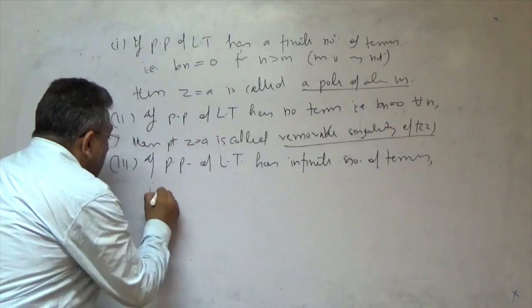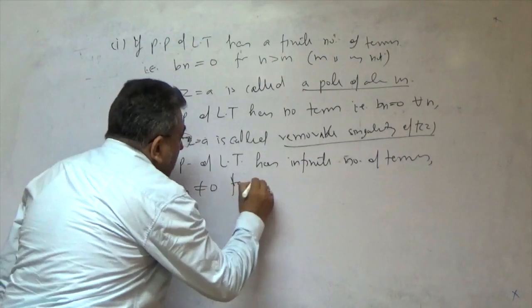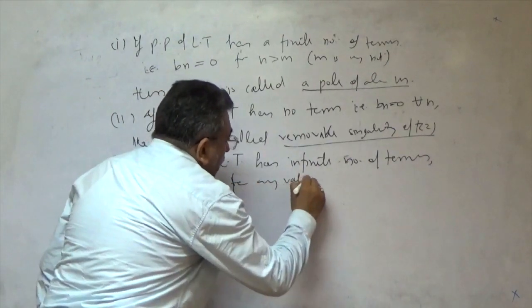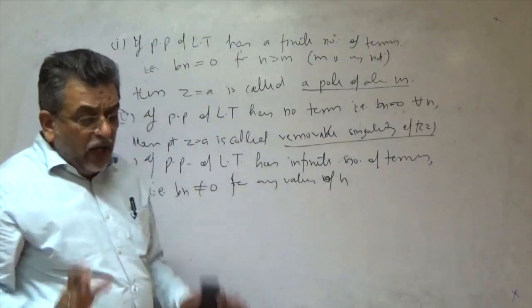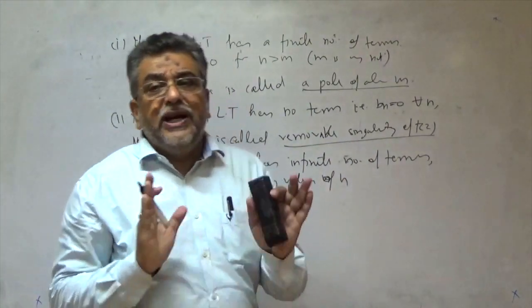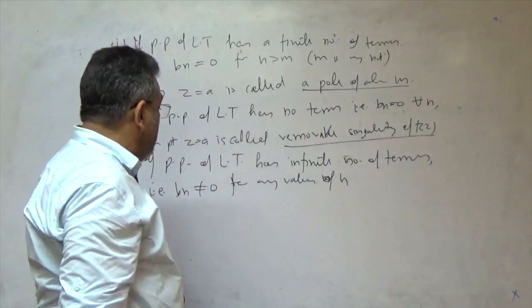That means now Bn is non-zero for any value of n. That means now in equation 1, your second term contains an infinite number of terms, right?